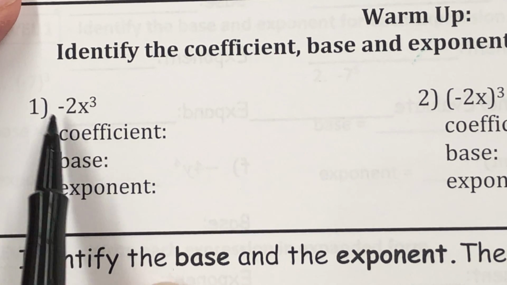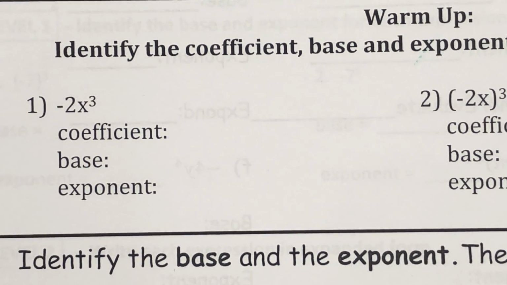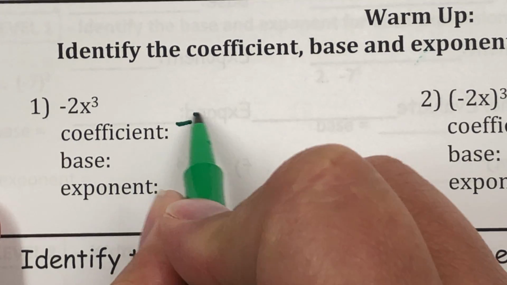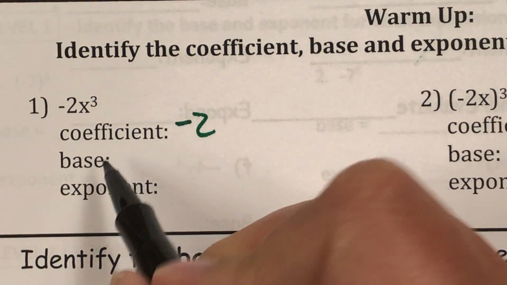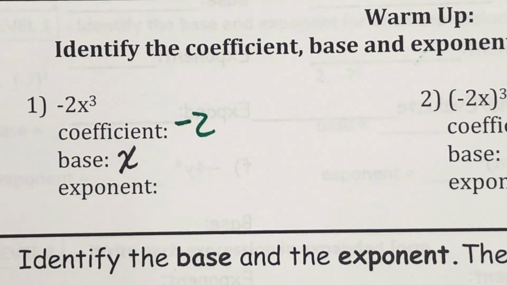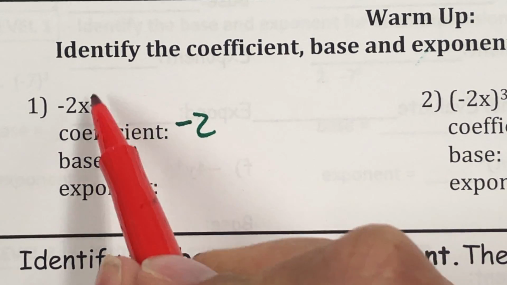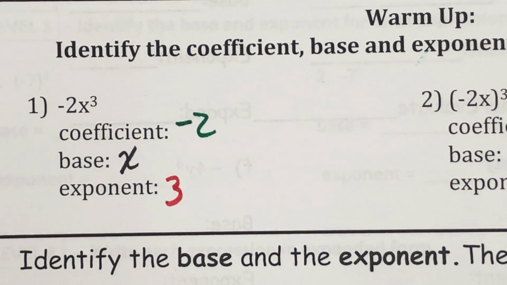So the number I'm multiplying times the base here is -2. The base is the variable x. And the exponent is the 3. And remember that tells you how many times to use the base as a factor.